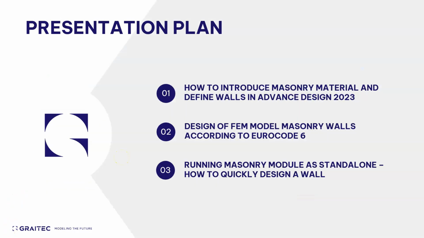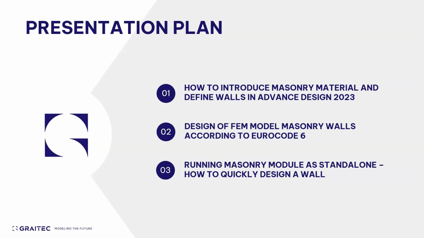As I previously mentioned, I will show two approaches to the design with the new masonry module. The first is when we use our global finite element method model, run the analysis for the whole model, and pick a particular wall and design using previously obtained results.